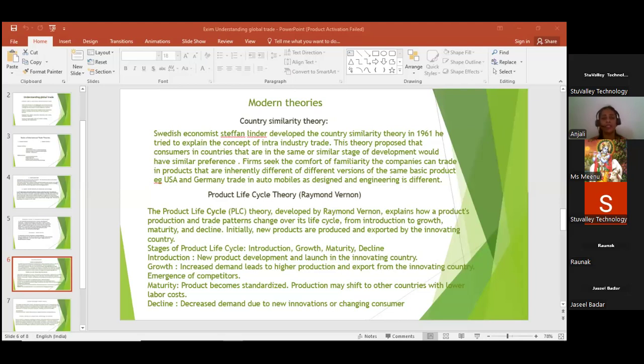Next comes the maturity stage. After the 1990s to 2000, more companies moved manufacturing from one country to another. They set up production hubs in various countries so that they can produce more and get cheaper labor cost for that particular product.